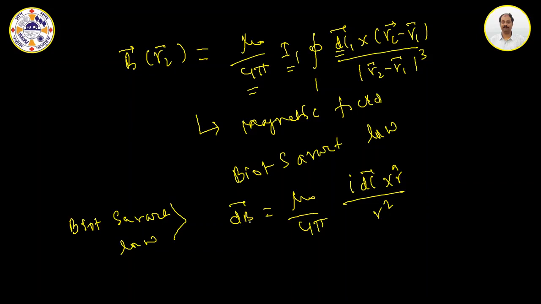To see the similarity with Ampere's expression, here dl is the dl1 in Ampere's expression, and r hat by r square is (r2 minus r1) divided by |r2 minus r1| cube, and everything is the same. We just leave out the integration sign because we are finding only the small magnetic field dB due to the current element I dl1, not due to the total loop.